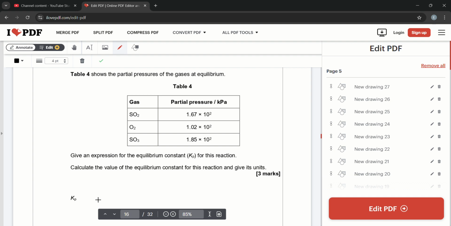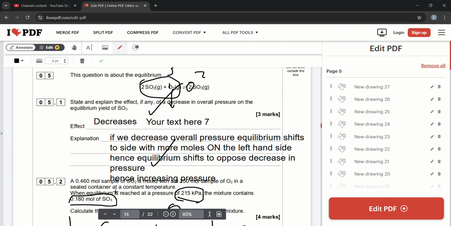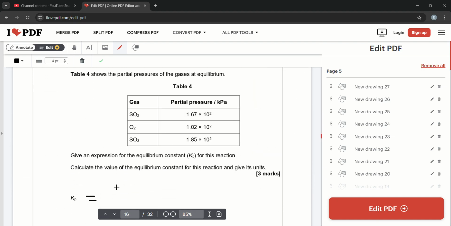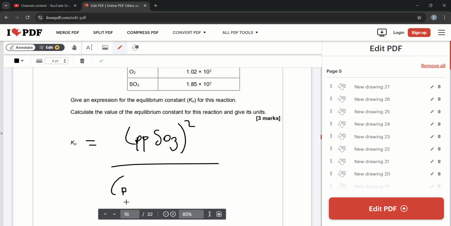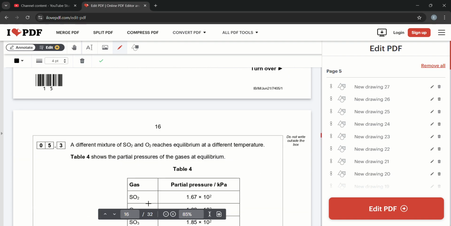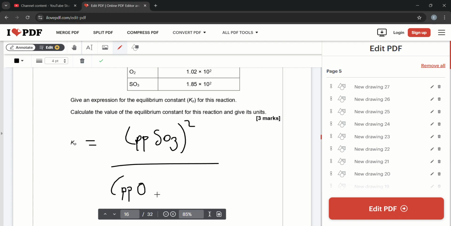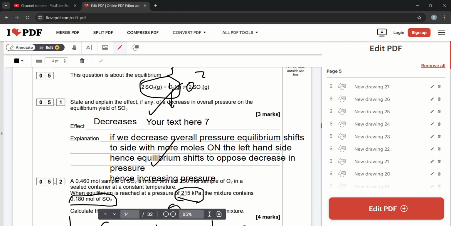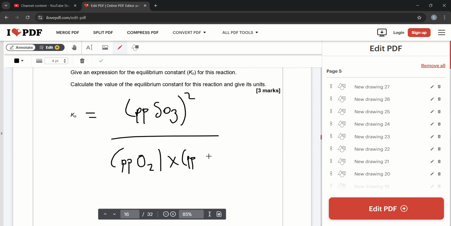So the expression for Kp is equal to the partial pressure of SO3 squared, because there's 2 moles of it, all over the partial pressure of O2 times the partial pressure of SO2 squared, because it's got 2 moles again, just like SO3.